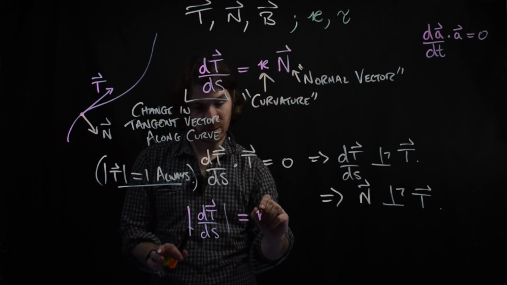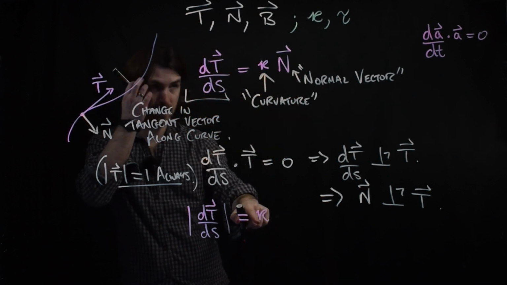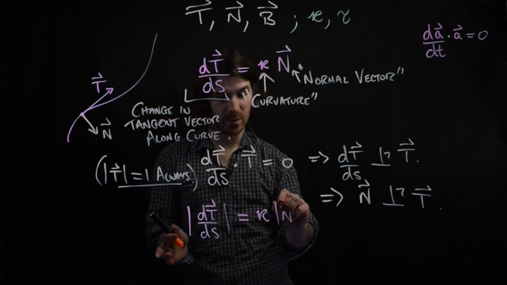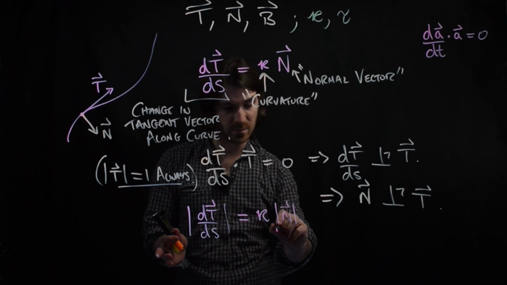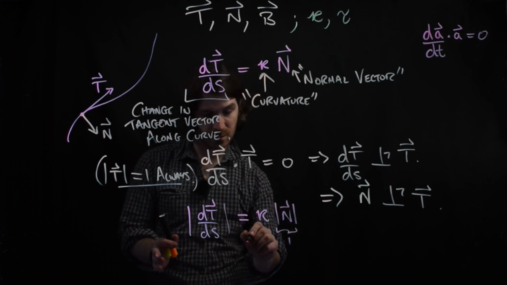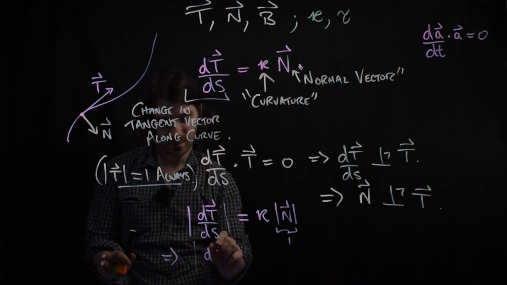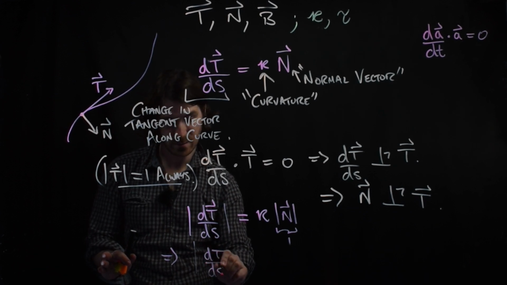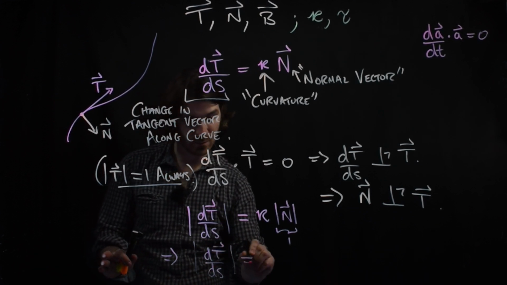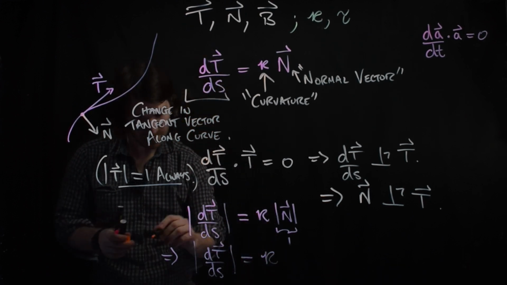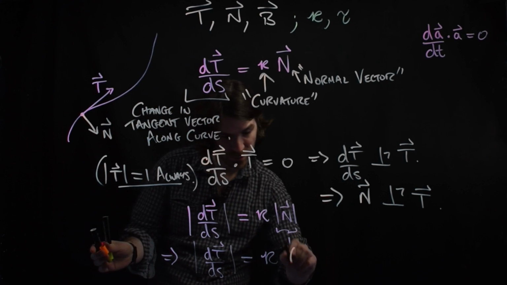So this is kappa, the Greek symbol kappa, and then the magnitude of N, but N is just a unit vector, so this is just 1. So we find that the magnitude of dT by ds is equal to kappa. Okay, so this is the kind of definition of the curvature.